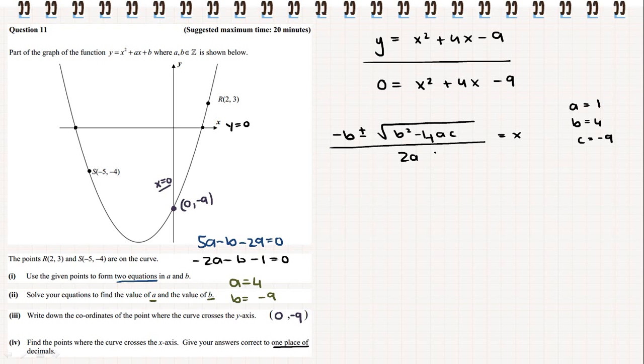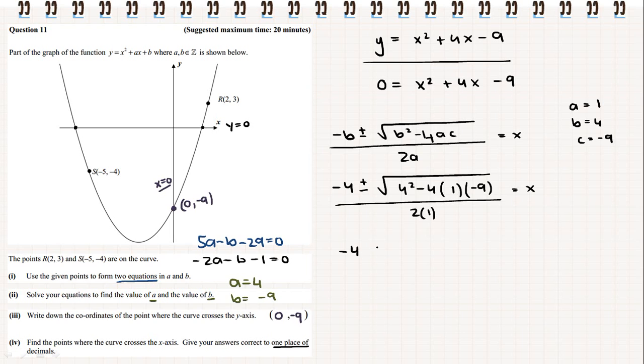Now we're going to fill these values into the formula. So we have minus 4 plus or minus the square root of 4 squared minus 4 multiplied by 1 multiplied by minus 9, all over 2 multiplied by 1. So we just have to take it step by step and be careful with the signs and simplifying.